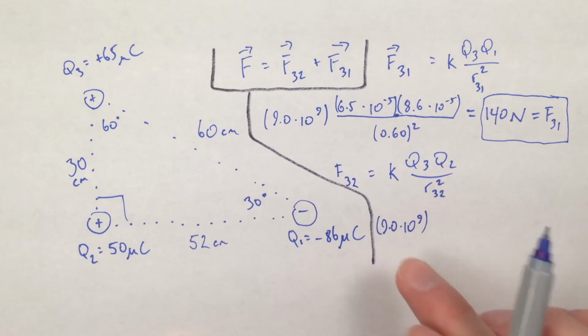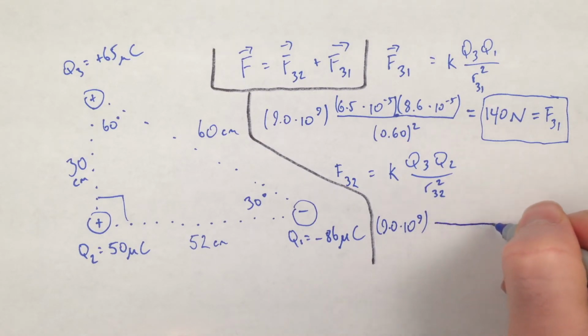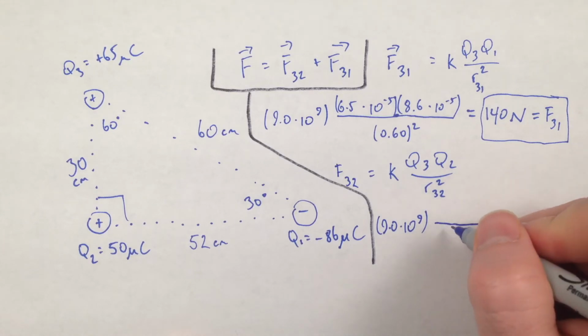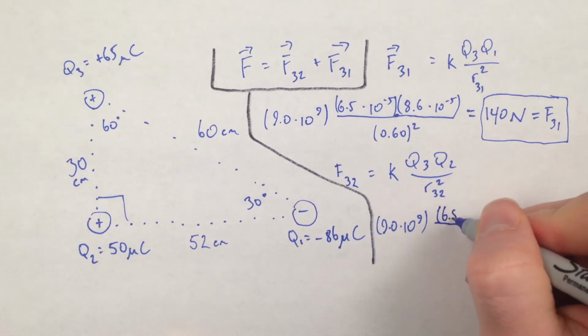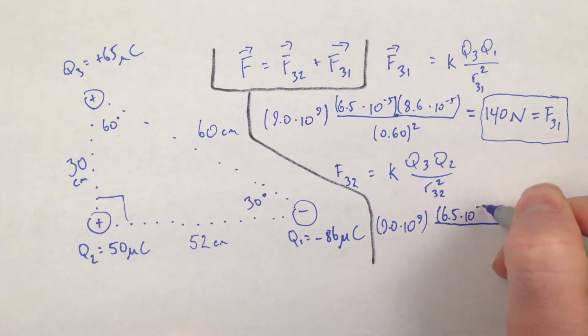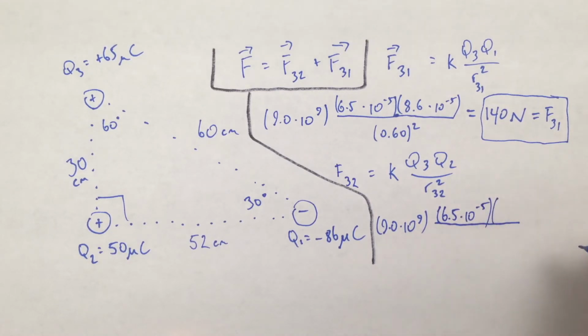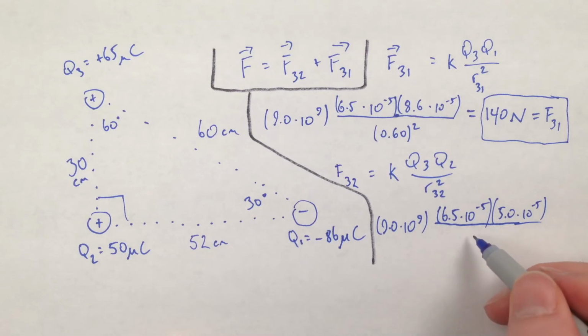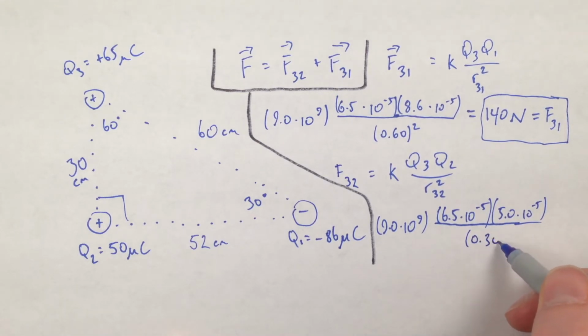There's K, times the charge of object 3, 6.5 times 10 to the negative 5th, times the charge of object 2, 5.0 times 10 to the negative 5th. And that is all over 0.30 squared.